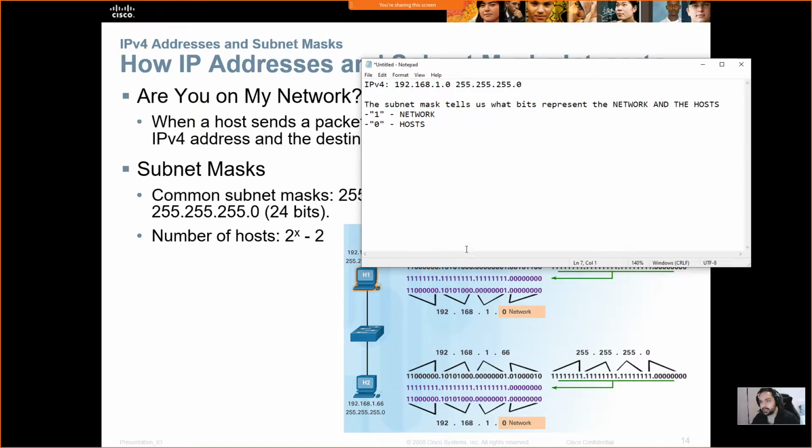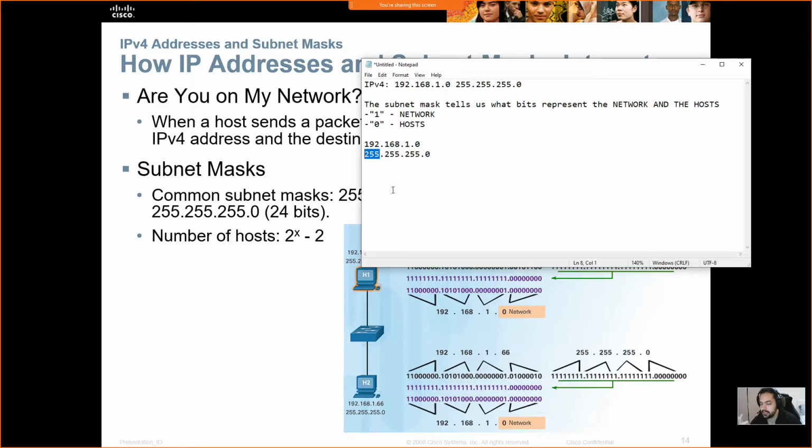In order to do that, I just need to get my IPv4 address and put it in here, and I will put my subnet mask right underneath it. Every time I have a 255, it means all the bits in that portion are set to 1.